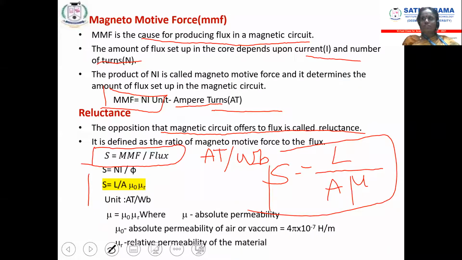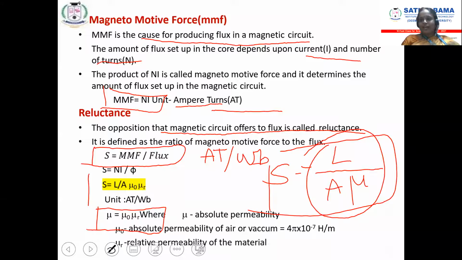And sometimes the question asks what parameters the reluctance depends upon. At that time you have to write that it depends upon the length of the core, area of the core, and permeability of the material. And you all know mu equal to mu naught into mu r. I will give the definition in the next slide.